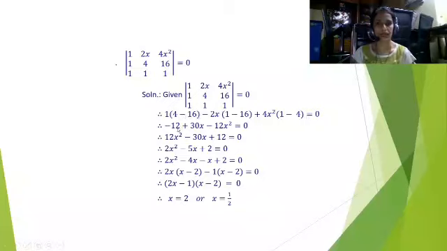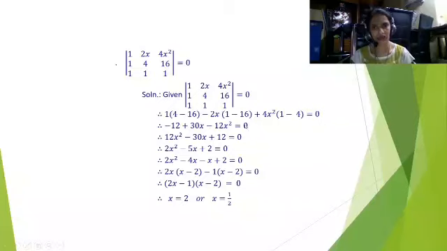Then this is minus 12. Again this is minus 15 into minus 2x will become plus 30x. And this will be minus 3 into 4x², so minus 12x². So as the x² sign is minus, what we have done is we multiplied this full equation by minus 1.